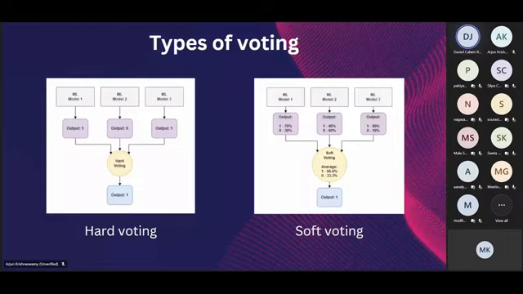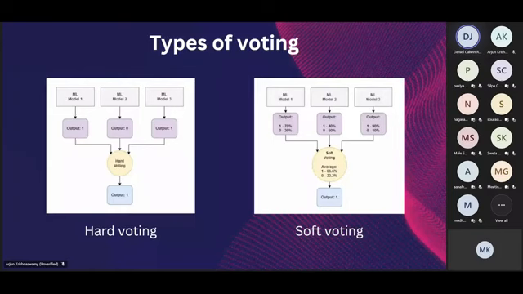As you can see, for output as 1, we have the percentages as 70, 40, 90. So their average is going to be 66.6. And for output as 0, we have the probability as 33.3. So our final output is obviously going to be 1. These are all the simple ensemble techniques which we'll be using in our upcoming ensemble methods.